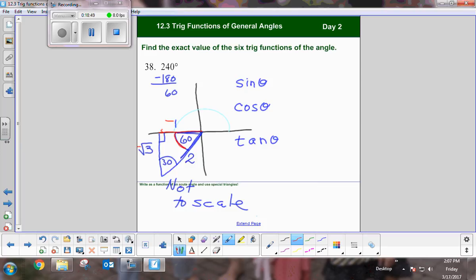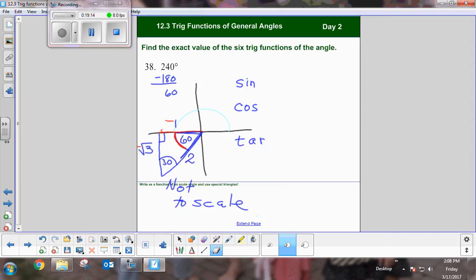This is your reference angle, right here. What's the opposite side? The angle is always looking at its opposite side. So it's right here, negative the square root of 3. Do you see that? I don't need to write theta.